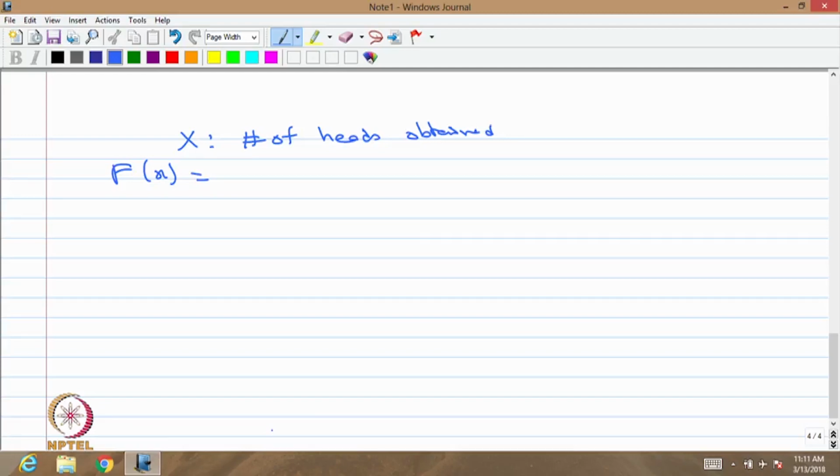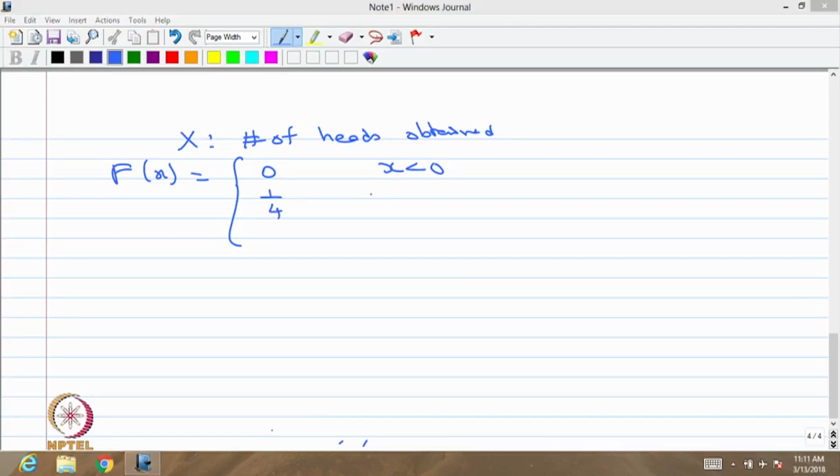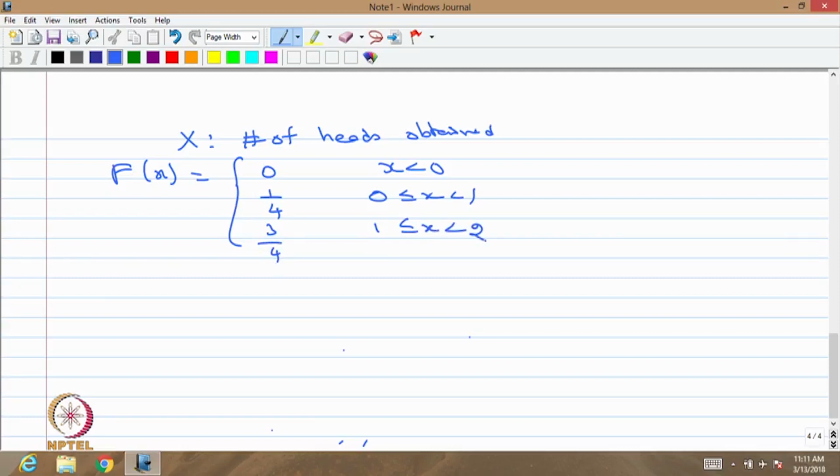When you toss two unbiased coins, and you define the random variable x as the number of heads obtained, then F of x is 0 till x is less than 0, it is 1 by 4 from 0 to 1, 3 by 4 from 1 to 2, and the value is going to be 1 from 2 to infinity. So, this is the example we discussed in the CDF for the random variable.